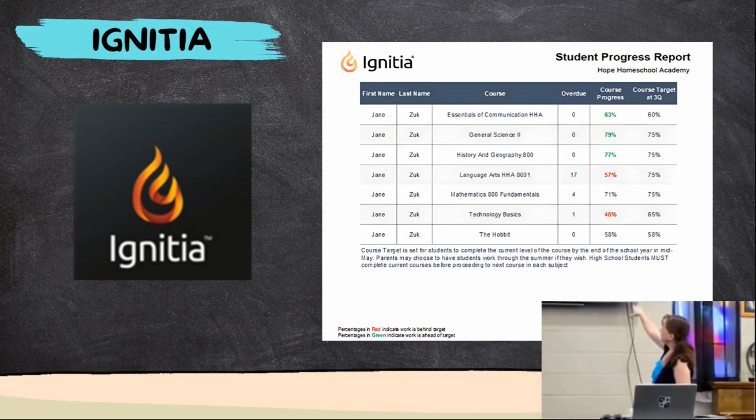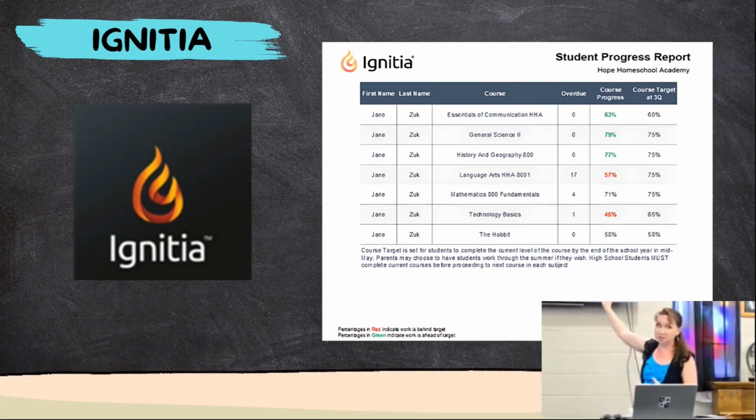Now, this is our progress report that we send out every quarter, along with the grade cards for students in levels 5 through 12. This tells you where your student is in terms of course progress and where they need to be if you want them to finish by May. I don't always plan it that way. I do math in the summertime with my students because I don't have time to teach math during the school year.